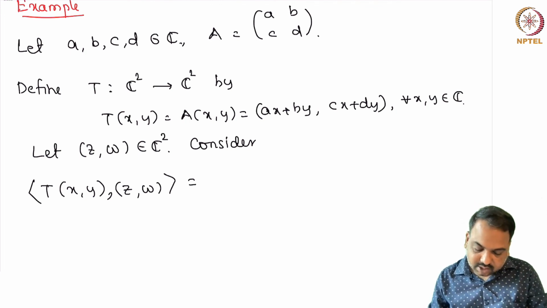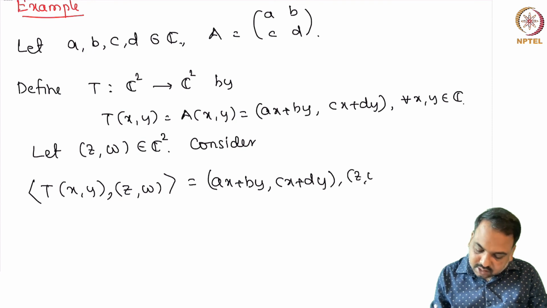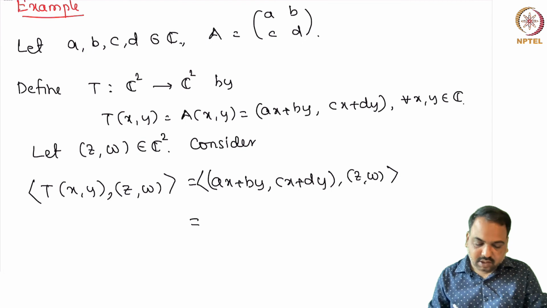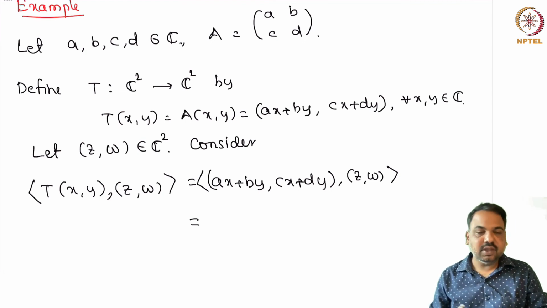So T(x, y) is (ax plus by, cx plus dy), and this is the inner product with (z, w). Both sides we are looking at C2 only, so we don't have to write subscripts for the inner product.